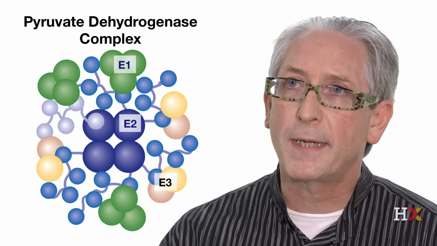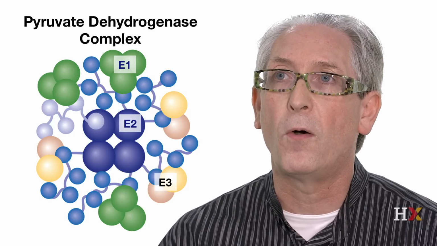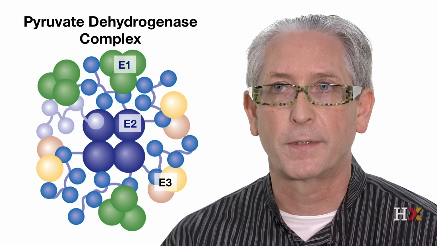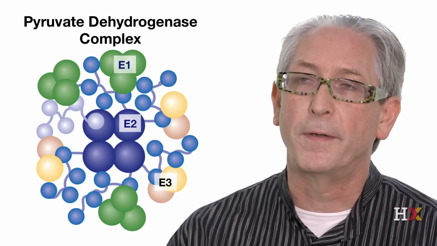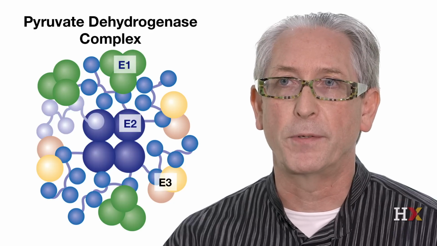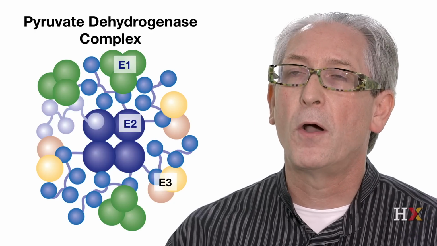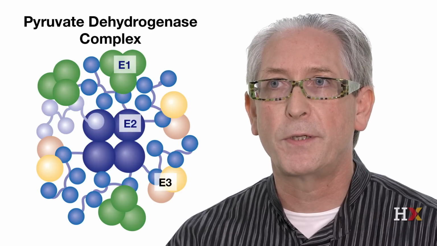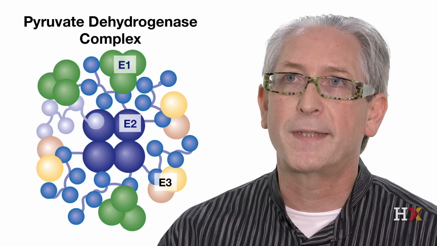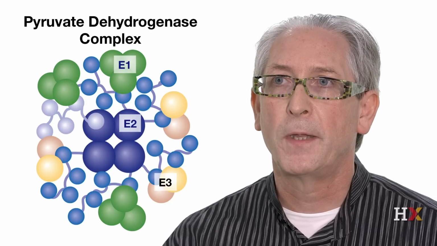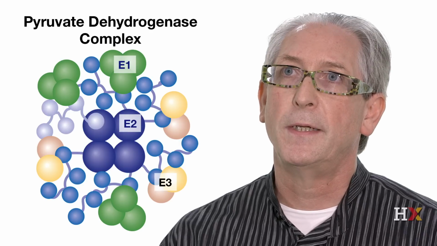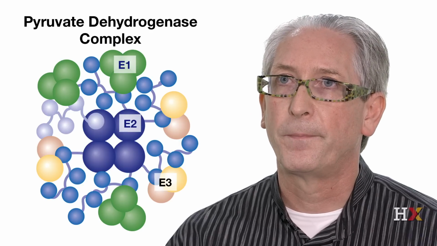The PDH complex contains also 24 E1 subunits organized into 6 tetramers and 12 E3 subunits organized into 6 dimers. The number of E1, E2, and E3 subunits varies from species to species. For example, bovine PDH contains 60 copies of the E2 subunits.